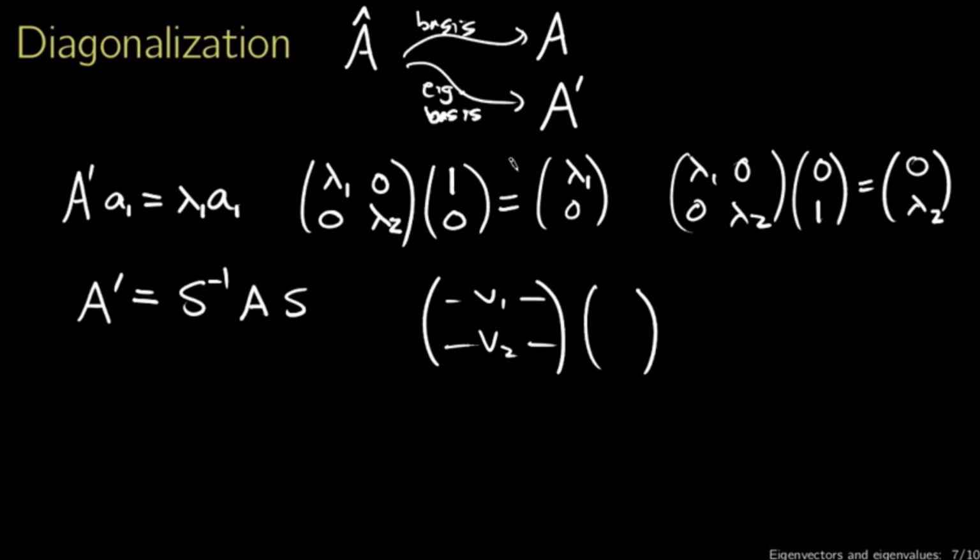This is now going to take your first eigenvector, for instance, if I write it as 1, 0, and what it's going to give you is v1 as a vector. That's your result. It does the same sort of thing for v2. So this takes components expressed in your eigenvector basis and expresses them as the eigenvectors themselves. This is exactly what we want our change of basis matrix to look like. So if I make this matrix, this is my matrix S.